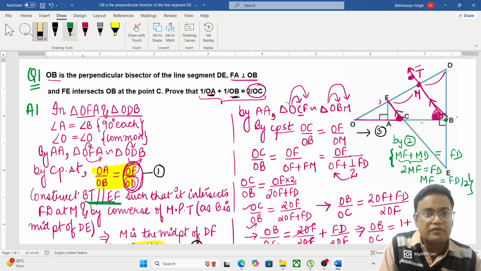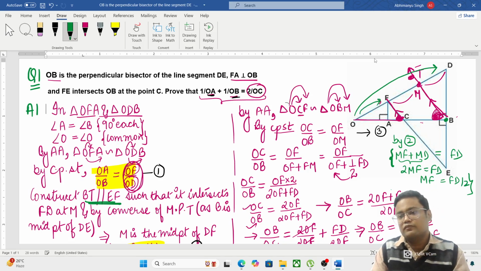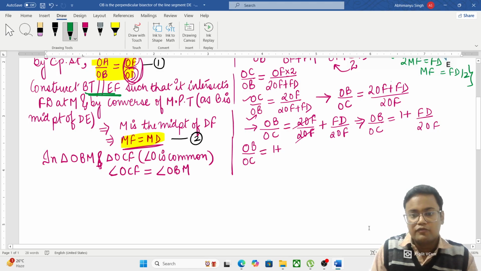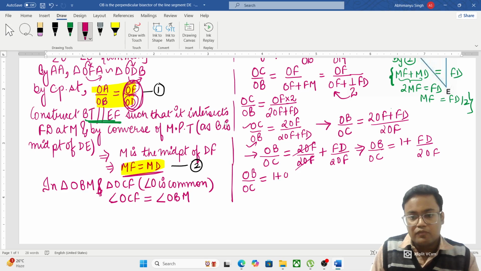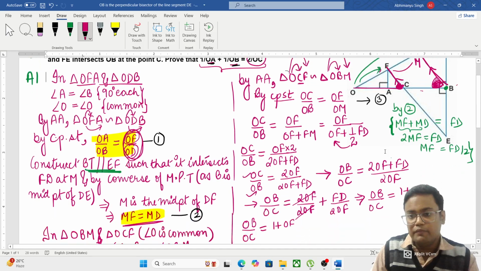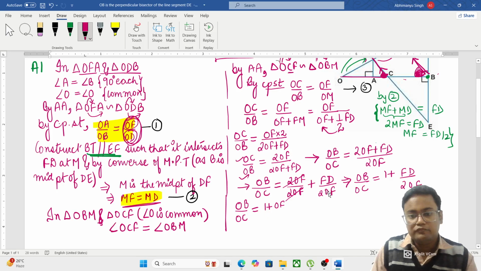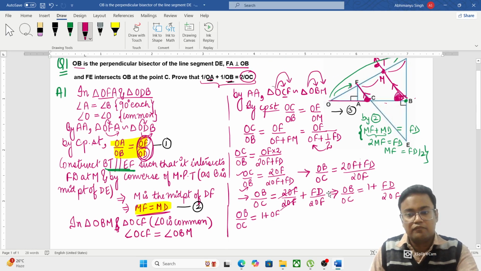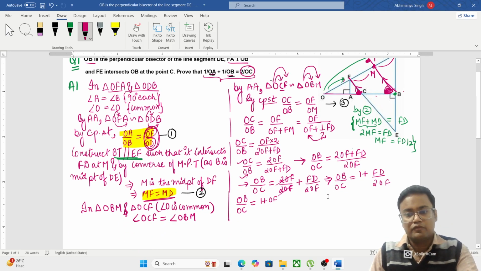FD is actually OD, and if we subtract OF from it, we will get FD, right? So instead of FD, I can write OD minus OF. So it will be OD. Let me zoom out.